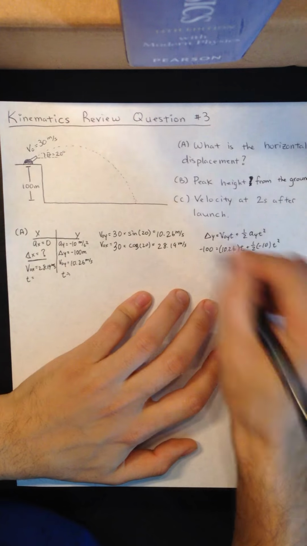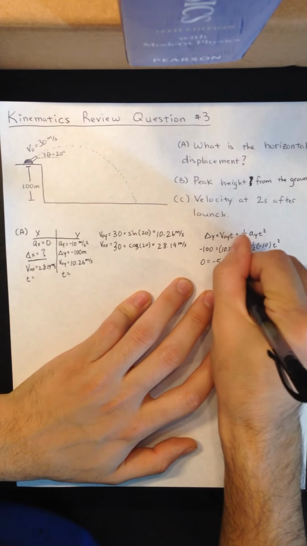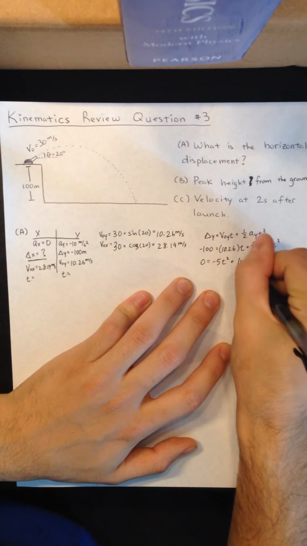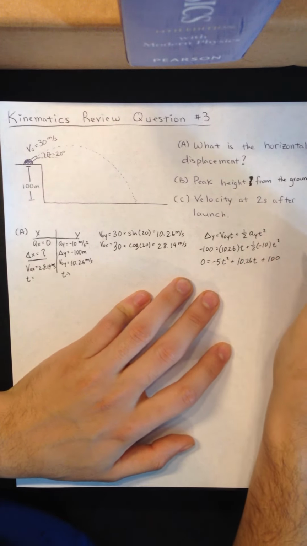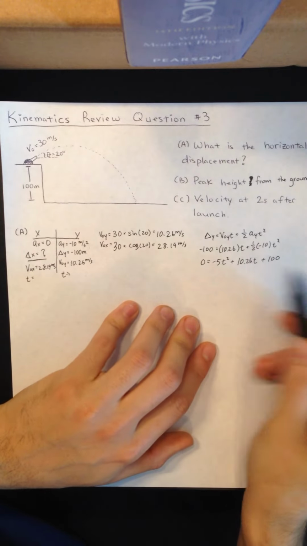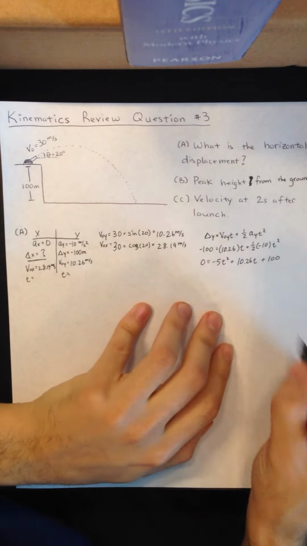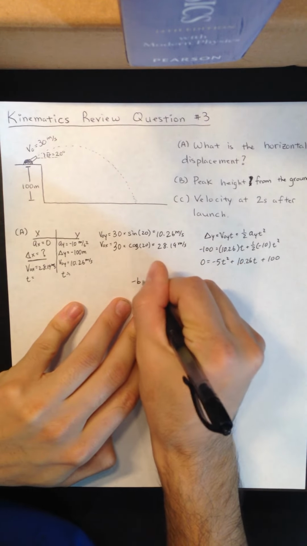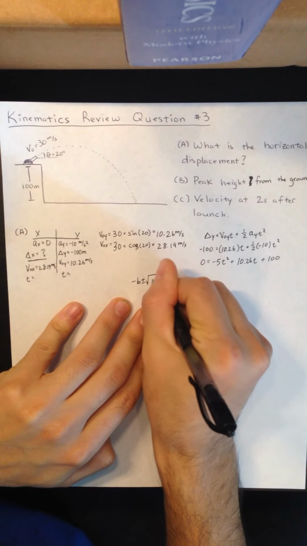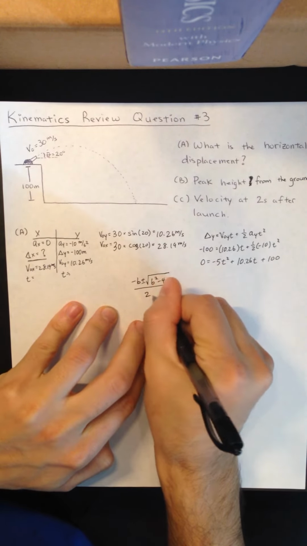Let's rearrange this: 0 equals negative 5 t squared plus 10.26 t plus 100. If you notice, we have to use the quadratic formula, which is negative b plus or minus the square root of b squared minus 4ac, over 2a.